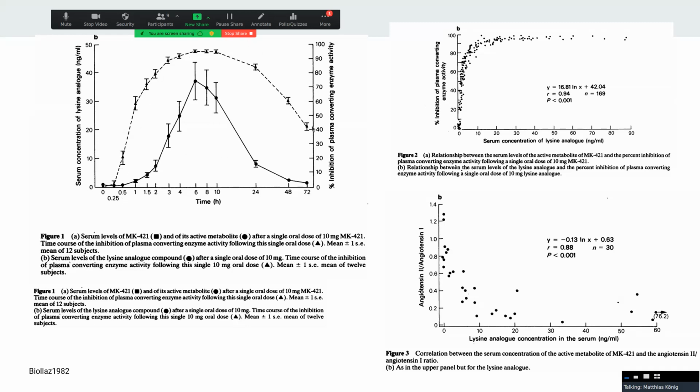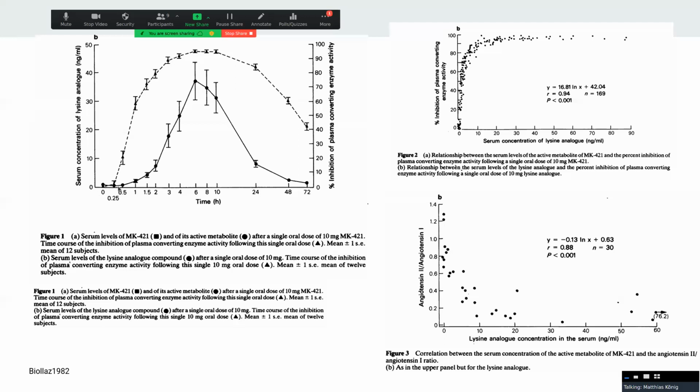So what we see, we have to look at this B. If you give this drug, you see basically two curves. One curve is the inhibition of the plasma enzyme activity, that's probably this curve here.